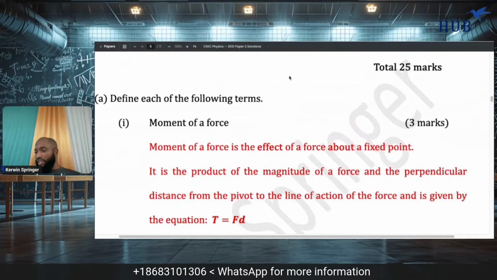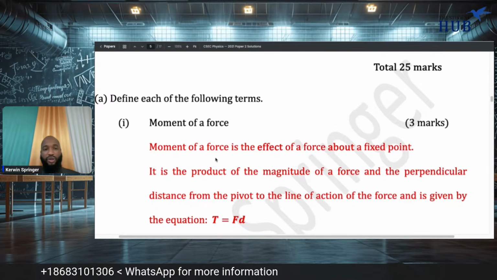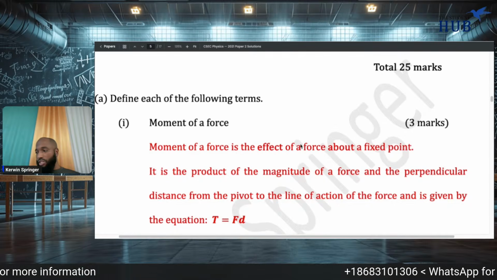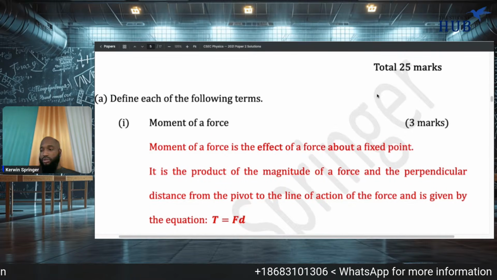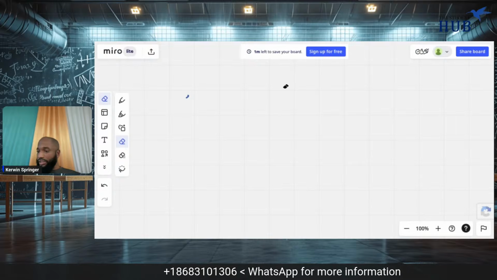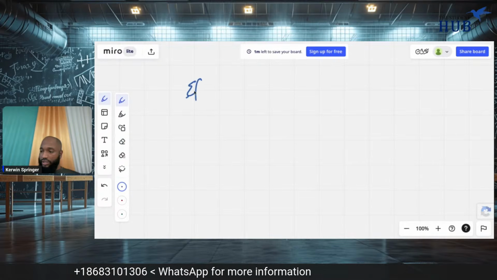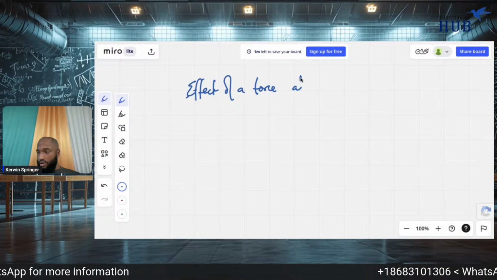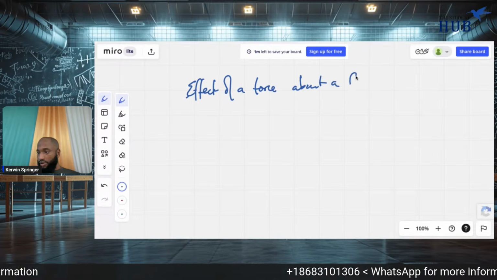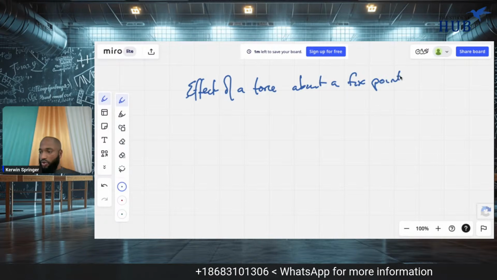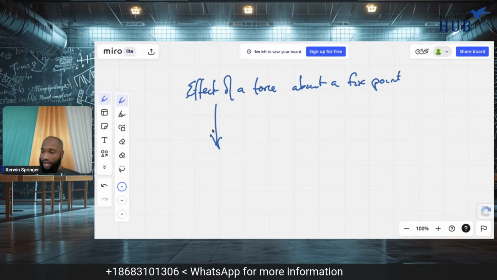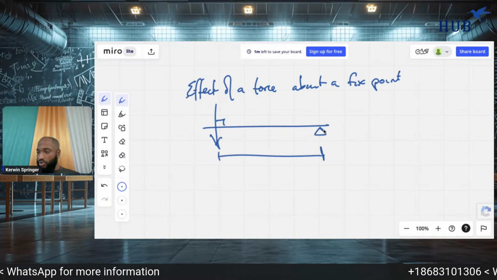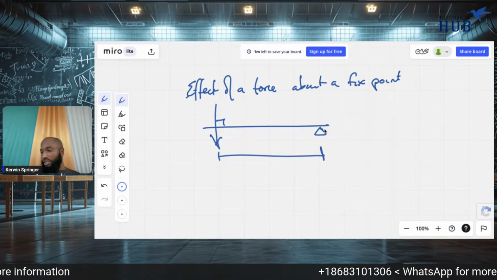So if you want to have it word for word like what I have here, right? Moment of a force is the effect of a force about a fixed point. So you start off with that. So effect of a force about a fixed point. We know we want to say line of action of the force. We know we want to say the perpendicular distance, and we know we want to use the word pivot. All those words we want to use.